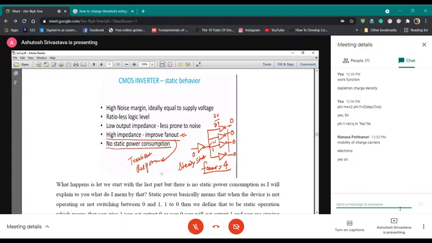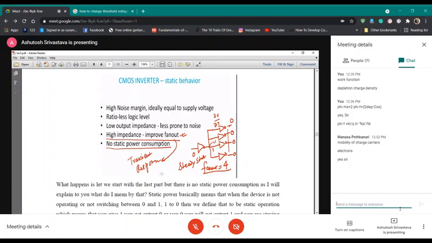So how would you equate the two? It is by changing the W by L ratio, which is width to length ratio of PMOS with respect to NMOS.